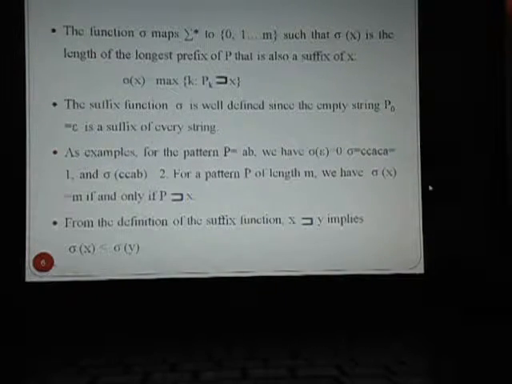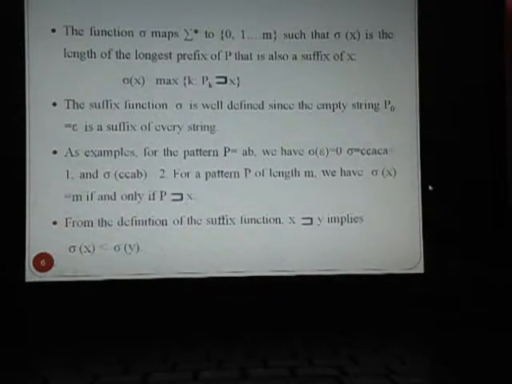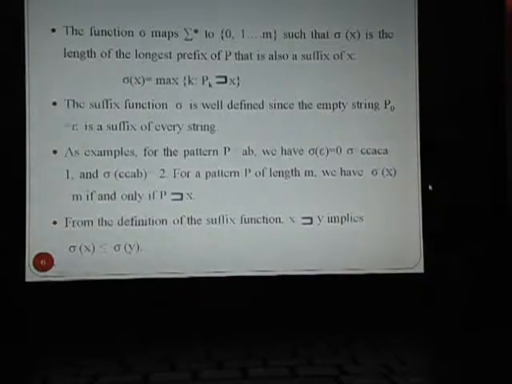This is because no suffix of the given string matches a prefix of the given pattern, so it will be 0. Second, if the given string is ccaca, sigma equals 1. This is because the last suffix of this string, the character A, matches the prefix of the given pattern ABABACA, therefore it will be 1.